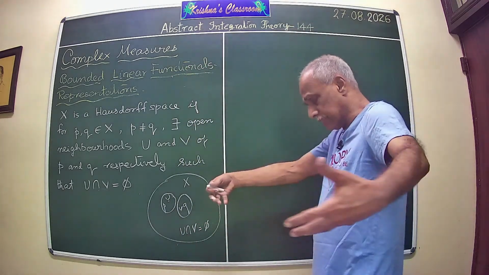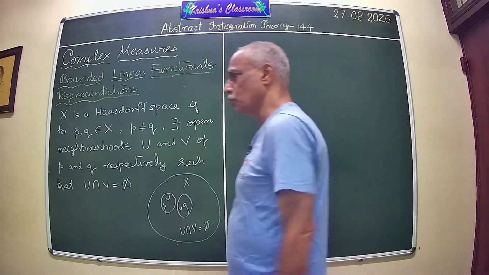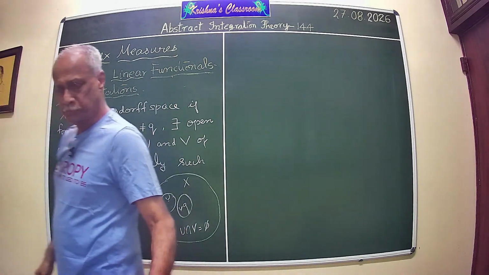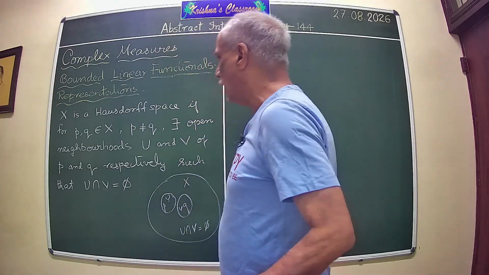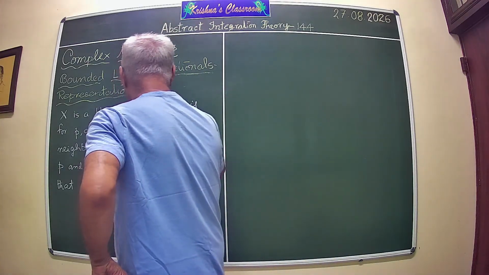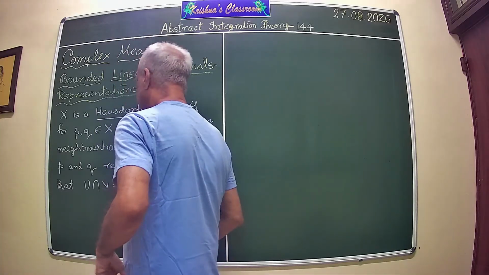That means there is a well-defined separation rule in the space. So such spaces are called Hausdorff spaces. So we start with a Hausdorff space. That is one of the basic things.